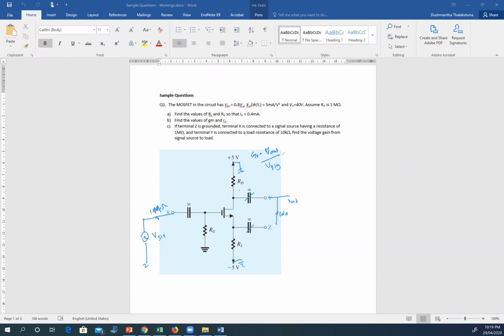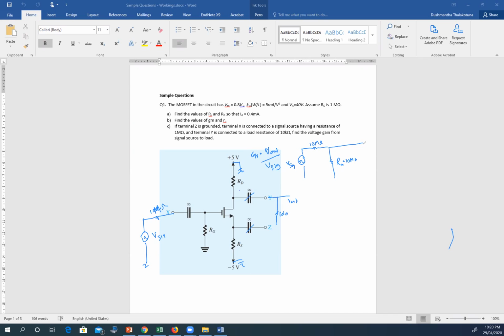So I can draw the small signal model in this way. I have a signal, then a 10 mega ohm, then R_G, which is again 10 mega ohm.